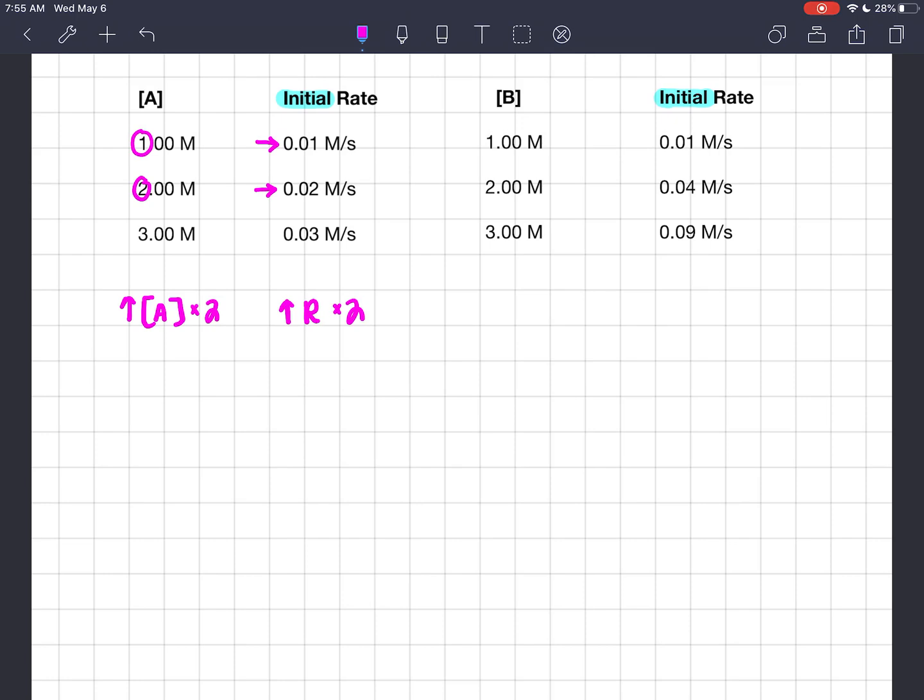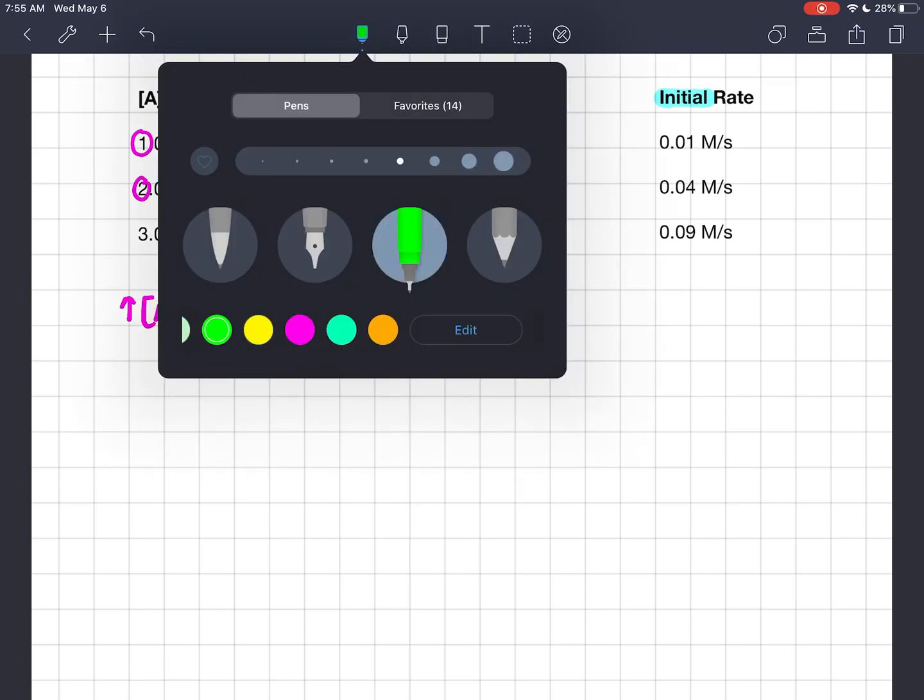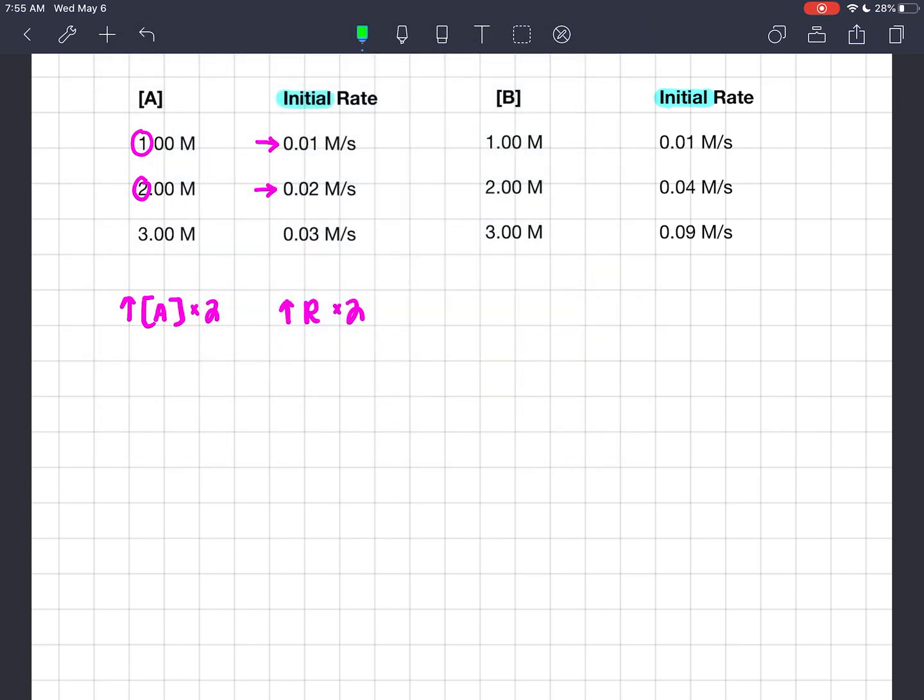That's an interesting pattern, but let's see if it holds when we're talking about the next change. When I go from 1 molar to 3 molar, what happens to my rate? Well, my rate goes from 0.01 to 0.03, so increasing my concentration of A by a factor of 3 increases my rate by a factor of 3.